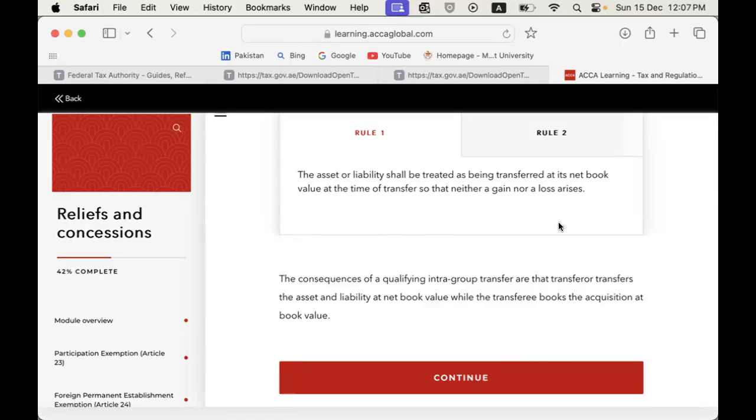Arm's length rule, transfer pricing. Why? Because qualifying groups will be related parties. You agree with me? Both companies have 75% common shareholding. Doesn't that make them related parties?